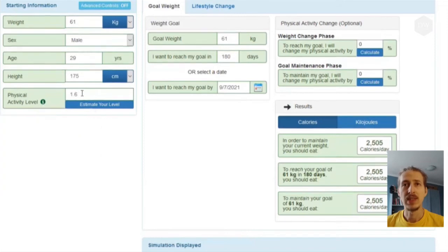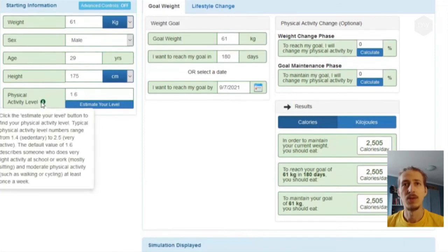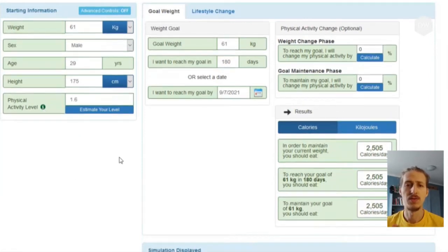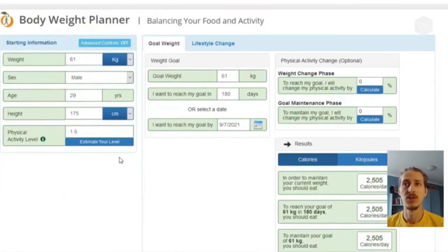By default it's 1.6 and it can go from 1.4, which is sedentary, up to 2.5, which is a very active person. But how do we know if you are 1.4 or 1.6 or 2 or even 2.5? So 2.5 would be a super active person who is physically like a professional athlete, I would say, but also a person who has a physical job and trains or exercises on top of that.